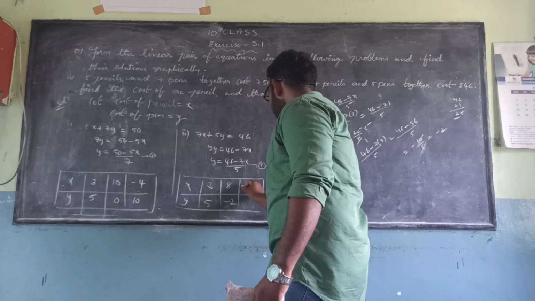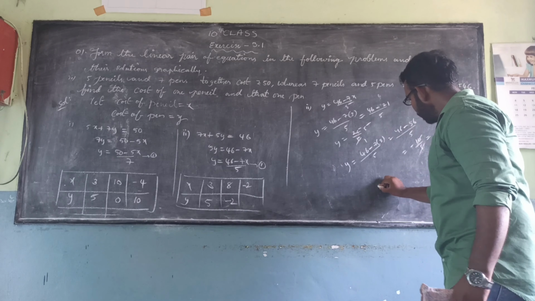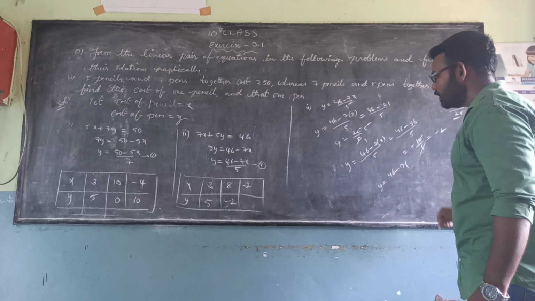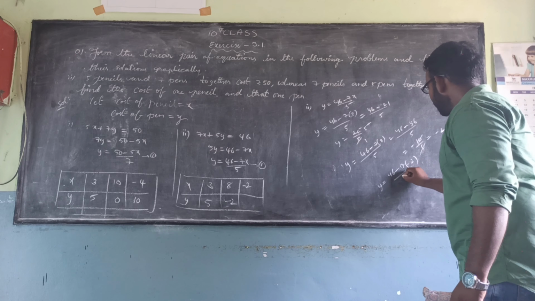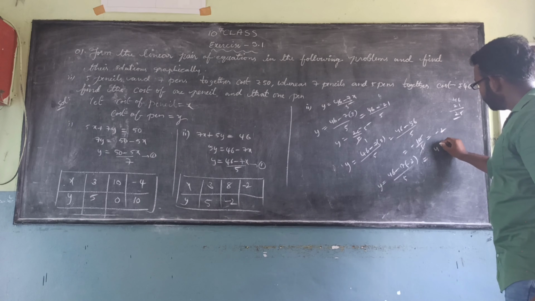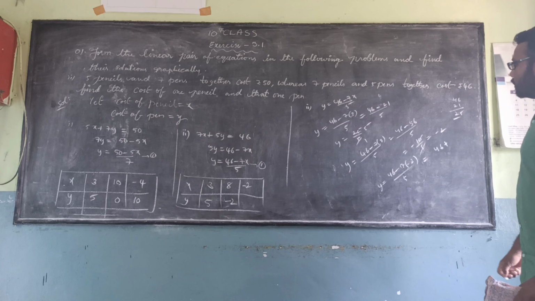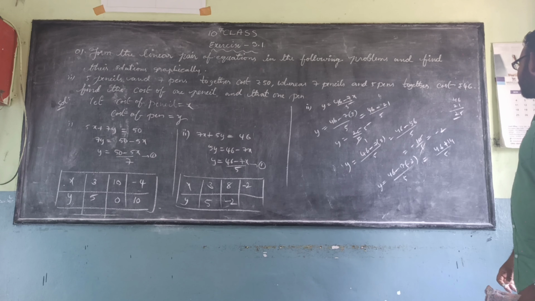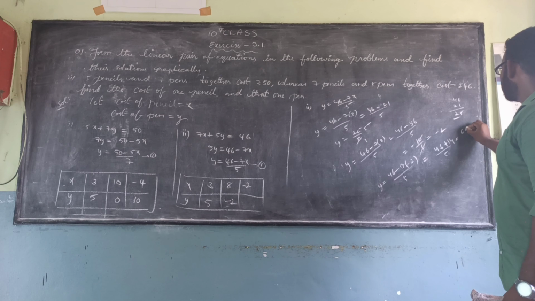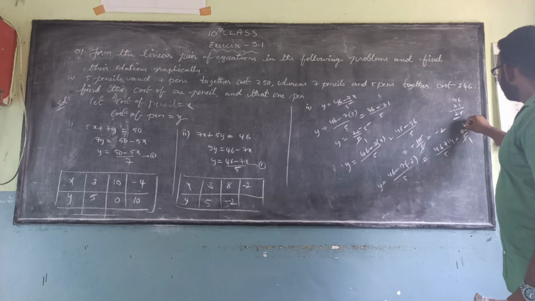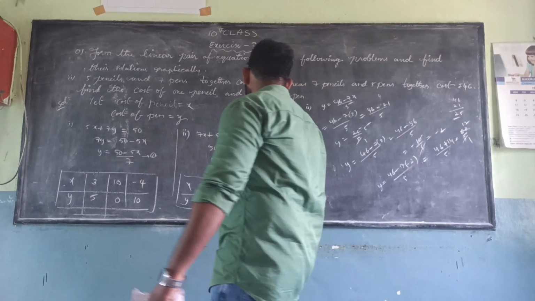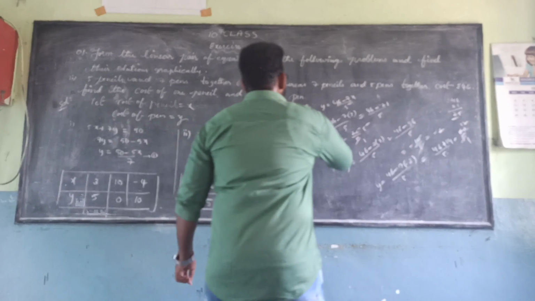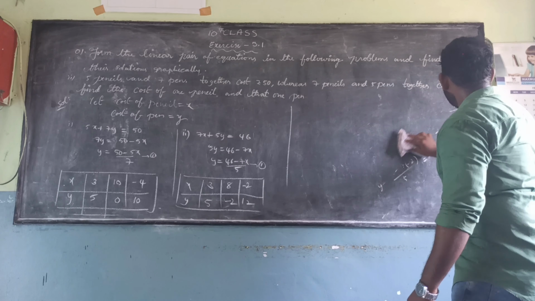Now if you take x as minus 2, y is equal to (46 minus 7 into minus 2) by 5. So 46 minus of minus plus 7 2s are 14 by 5. If you add it, you get 60 by 5. 5 12s are 60. So y is equal to 12. These are the tabular forms. Now you can draw the graph for these equations.